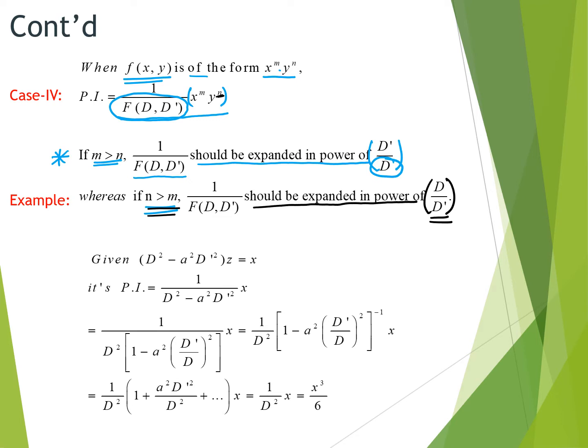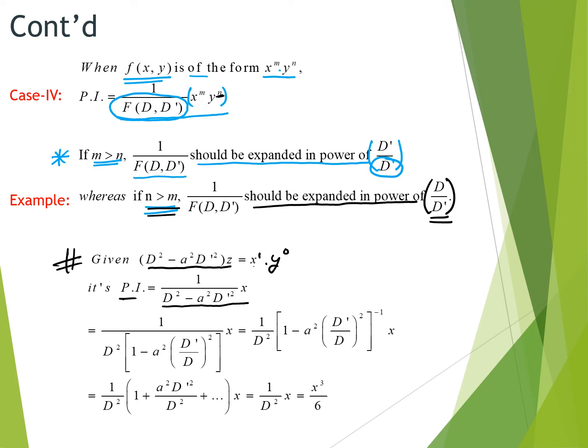Now for the example, (D square minus a square D' square) z is equal to x to the power 1, and we can say y to the power 0. So to find the PI, 1 over D square minus a square D' square of x.